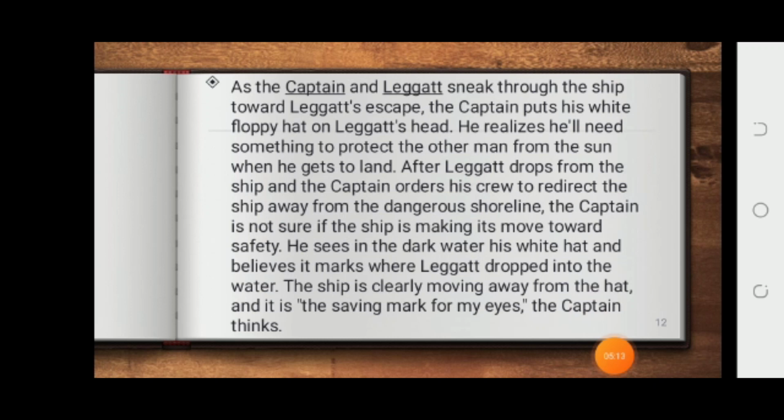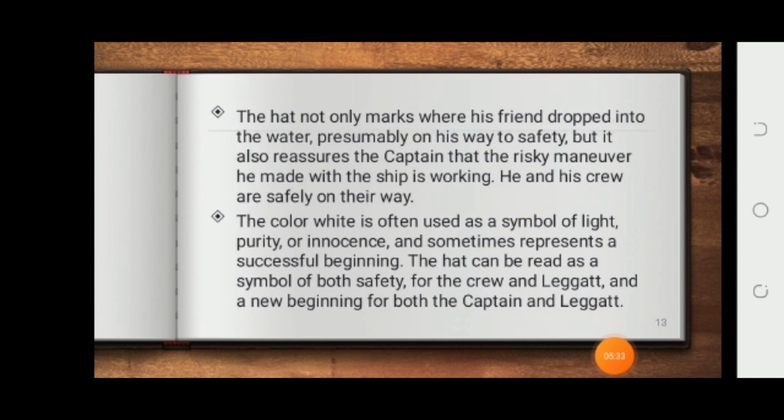So he sees some kind of dark water, and his white hat, and believes it marks where Leggett dropped into the water. The ship is clearly moving away from the hat, and it is serving as a mark for the eyes. And this whole scenario is in the captain's mind.